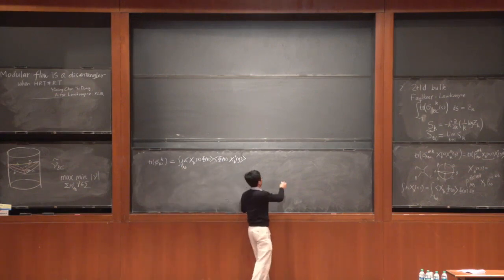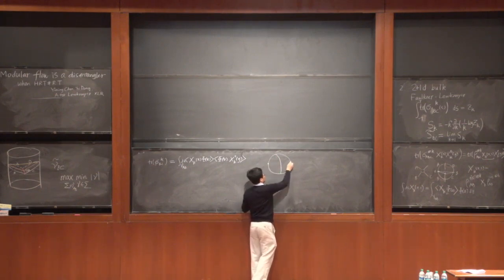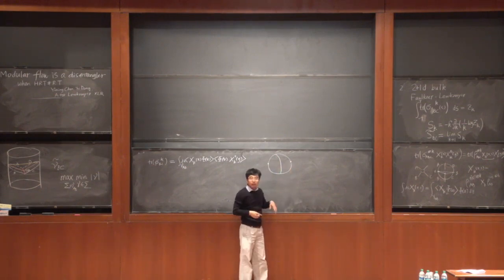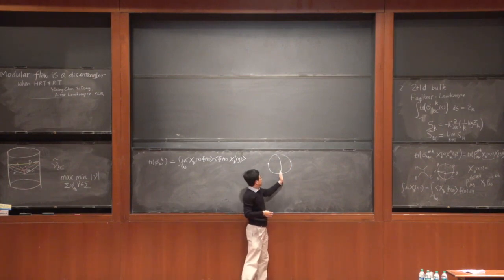So there is a geodesic, and after the average over modular flow, the two-point function is mediated by something in the middle, which is forced to live on that geodesic.